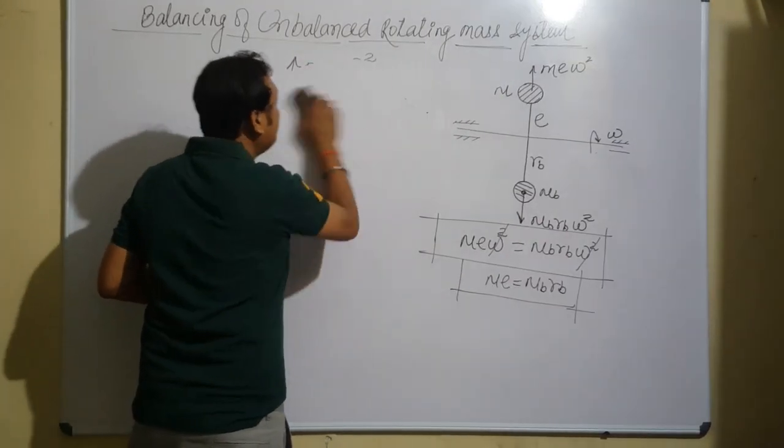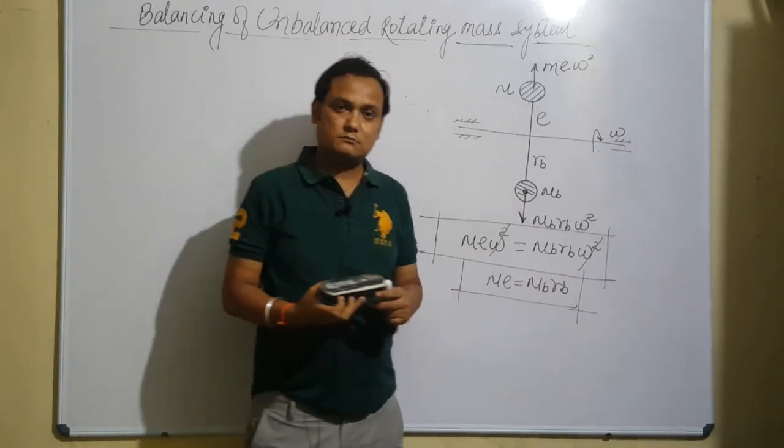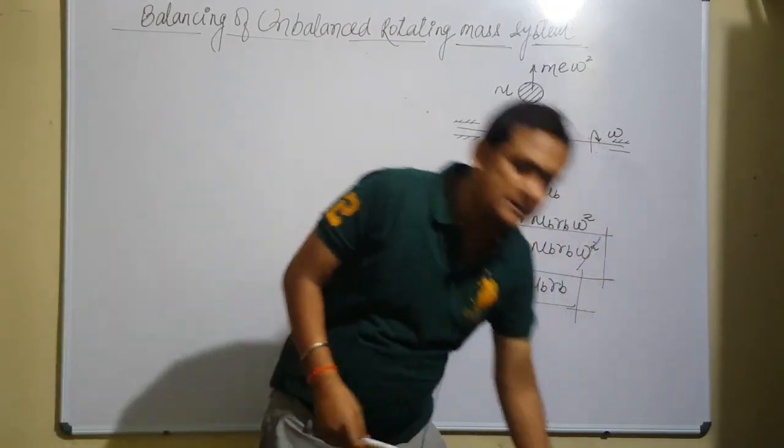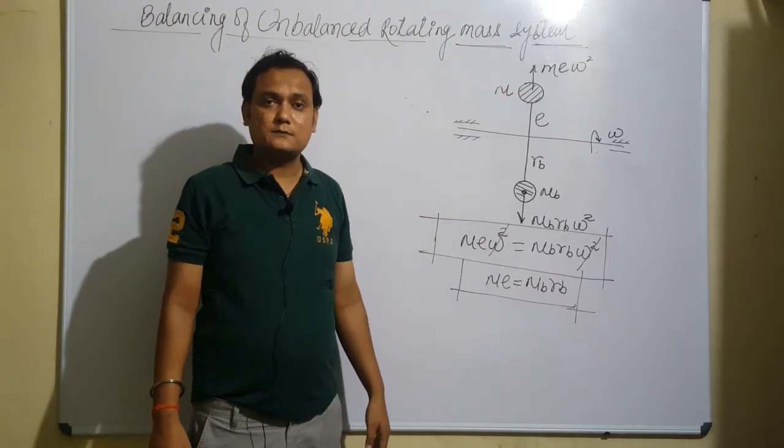What exactly have we done by attaching this balancing mass 180 degrees opposite to the unbalanced rotating mass?